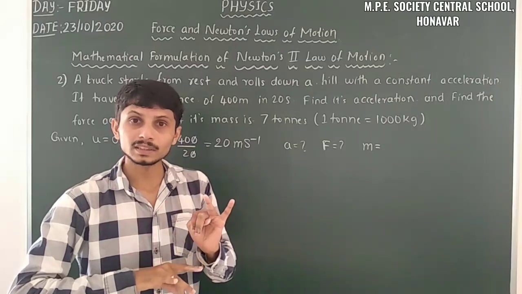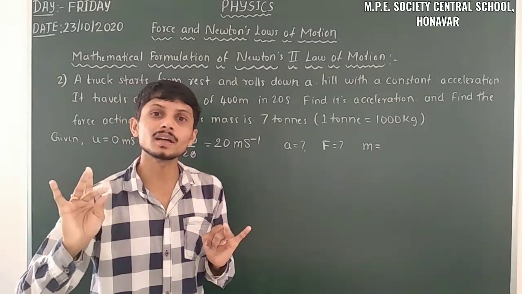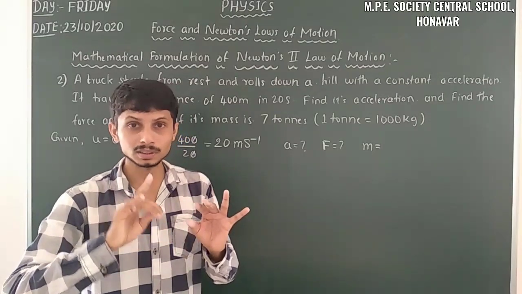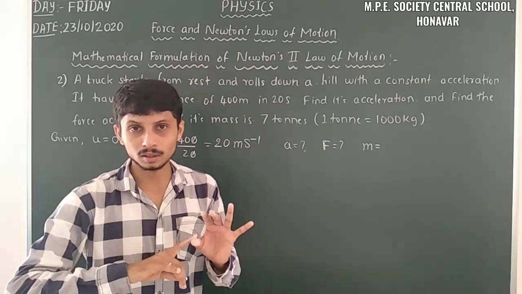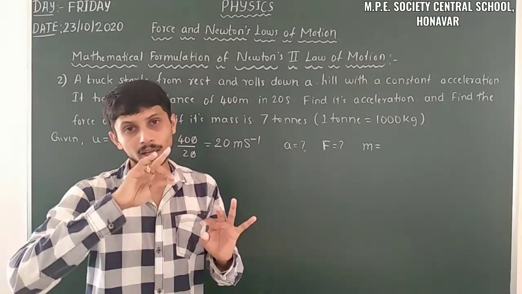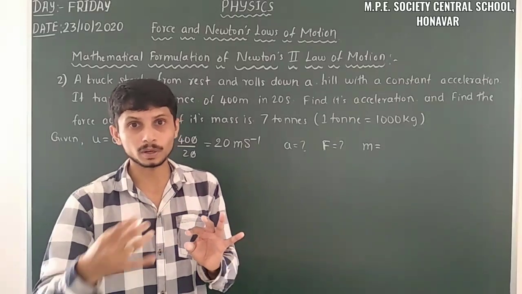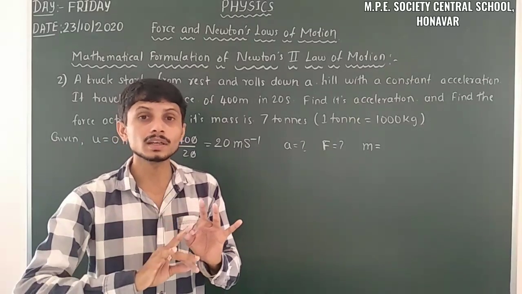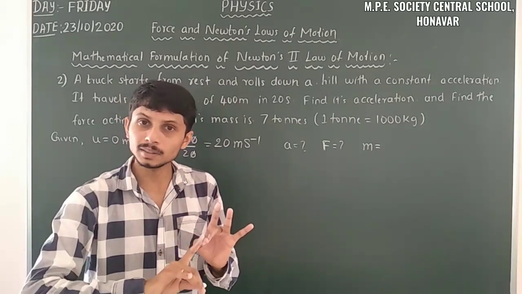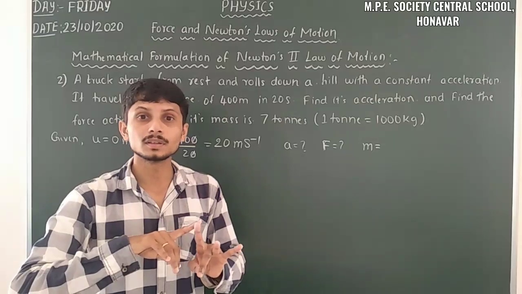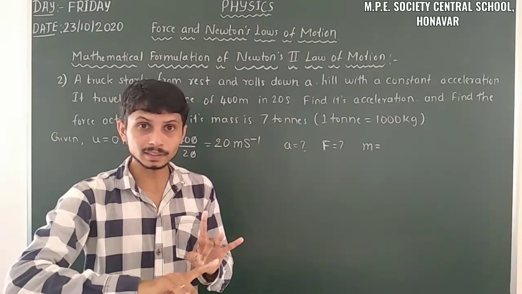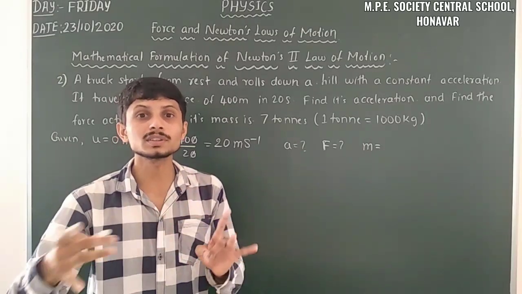And then time, we must write in seconds. So in one case, we have mass in kg and length in meter, which are SI units, but the time is in minutes. So at that time you have to convert minutes to seconds.